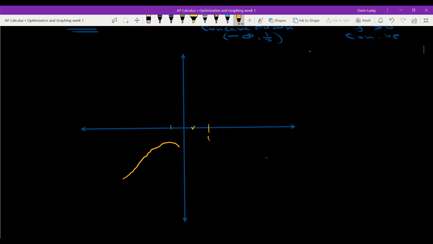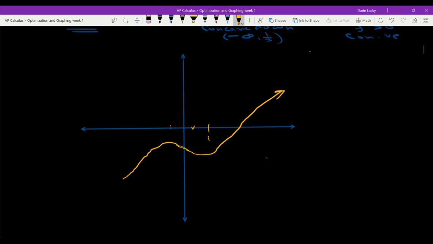And then at some point right around 1/3, it changes from concave down and starts going concave up, but it keeps decreasing until we get to 1, and then it takes back off again.